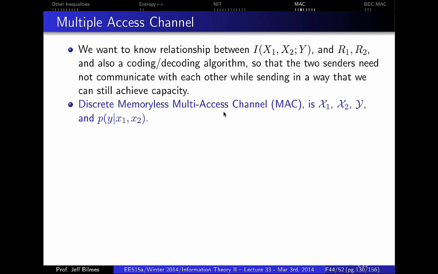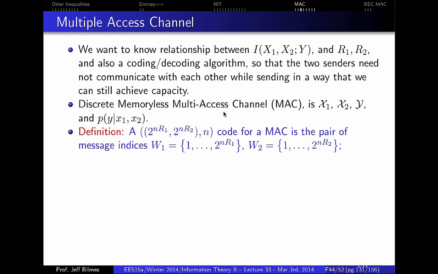A good example of this is the discrete memoryless multiple-access channel, discrete memoryless MAC, where we've got an alphabet for x1, an alphabet for x2, an alphabet for y, and a joint conditional distribution for the channel. And we've got a code. It's a sequence of codes where we have two rates now, R1 and R2.